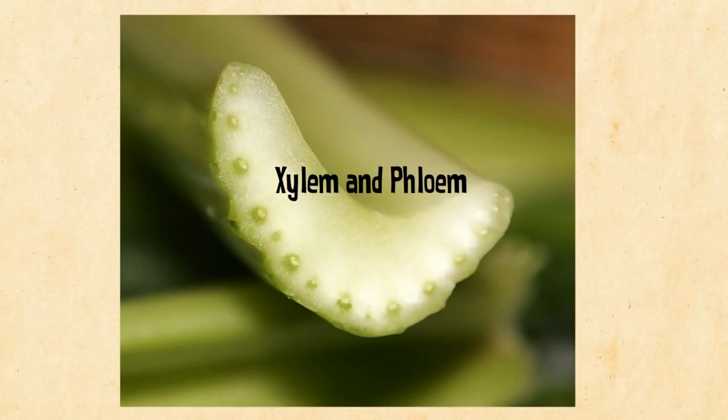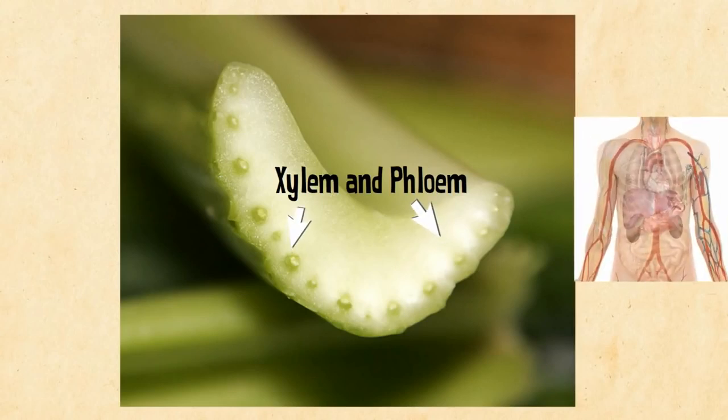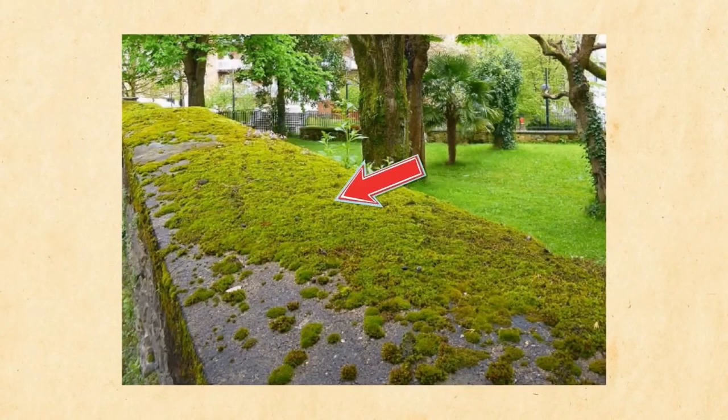Think of the vascular tissue as our veins and arteries, and this allows some vascular plants to grow very large. Non-vascular plants move water and sugar around by osmosis. This limits the size of non-vascular plants. A common example would be moss.